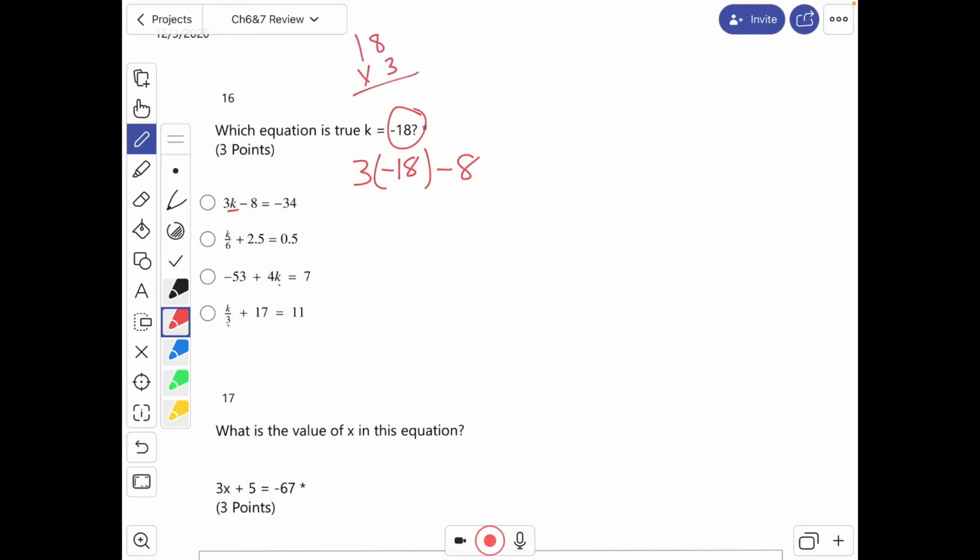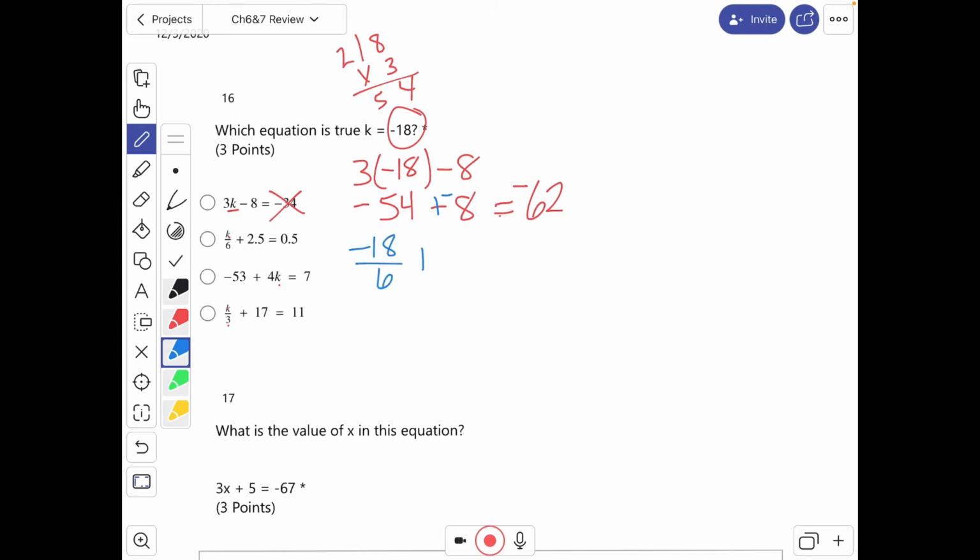And negative 18 times 3 is going to be negative 54 minus 8. You have to remember those rules. Keep, change, opposite. So since they're both negatives, we're just going to add, and my answer will be negative 54 plus 8 makes negative 62, which is not what they have.